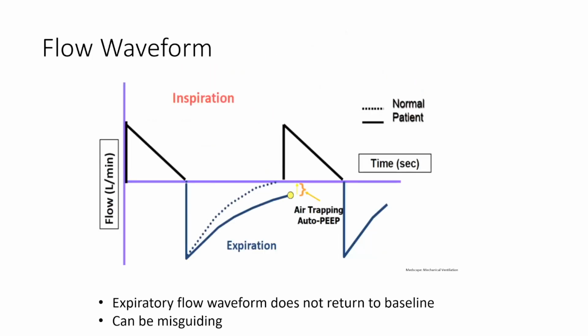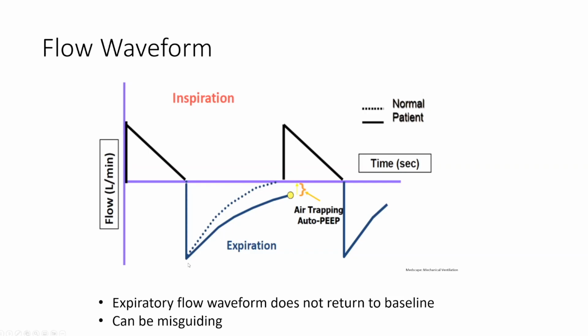How do you detect AutoPEEP? It's not always easy. It's not always apparent, but probably the easiest, most consistent way would be to look at your flow waveform. If you look at this dotted line, this is what a normal patient should look like. You see the flow waveform is returning to baseline before the next breath starts.